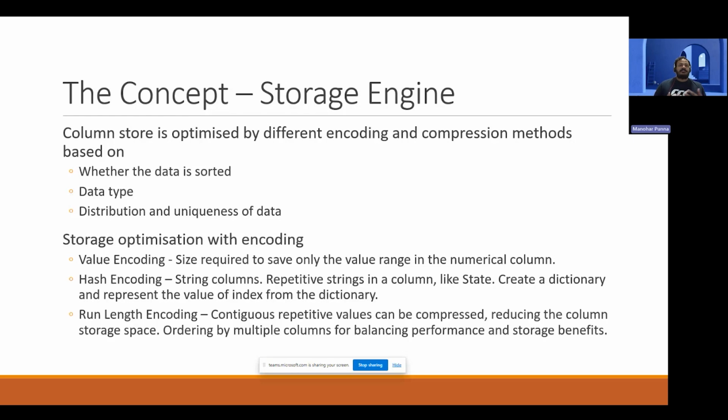The third form is run length encoding. This is where you have contiguous repetitive values, so you actually save a range instead of the actual value. What I mean is, if you order your data by state, ideally that's not a good sorting column.